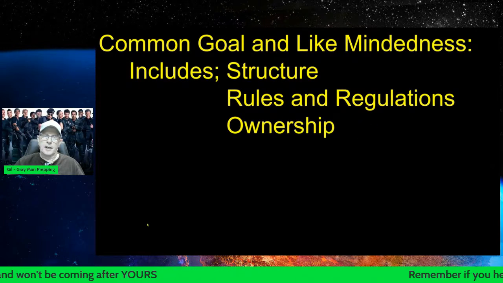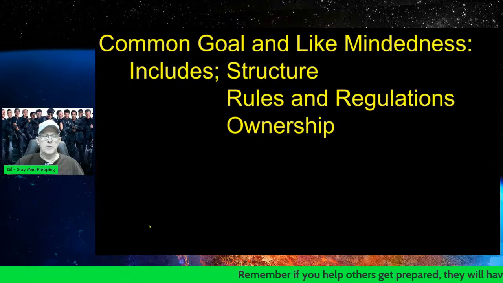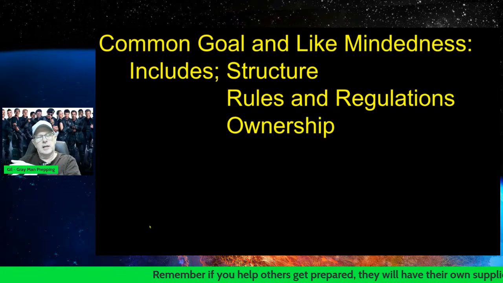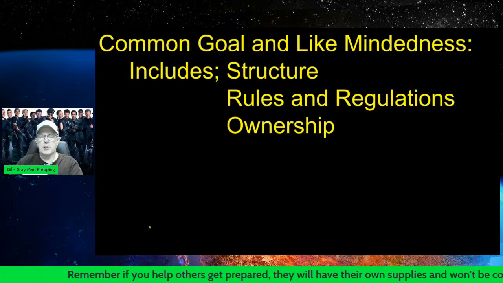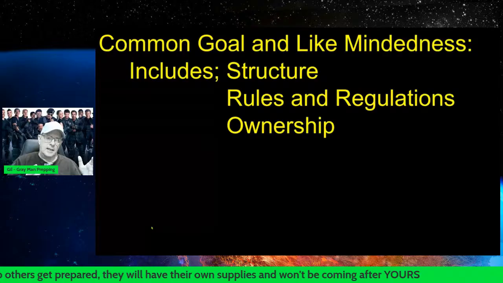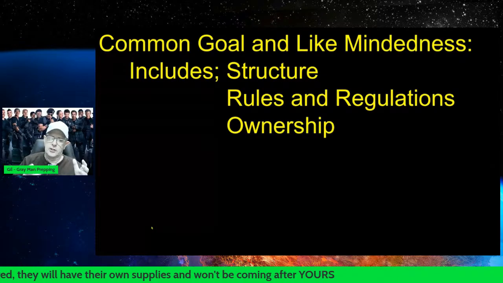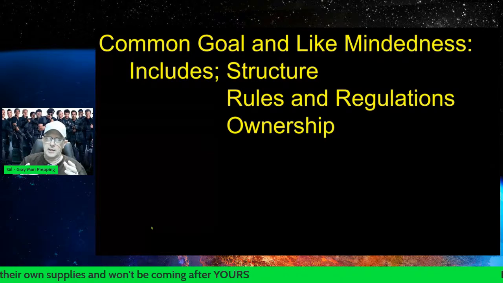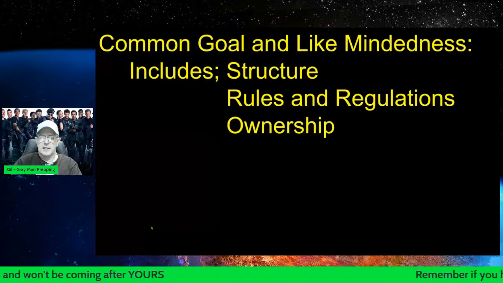Ownership. Ownership is one of the ones which we will get into when we talk about types of groups. Is it something that is actually owned? Is there land involved? Is there just a group getting together and planning things out?